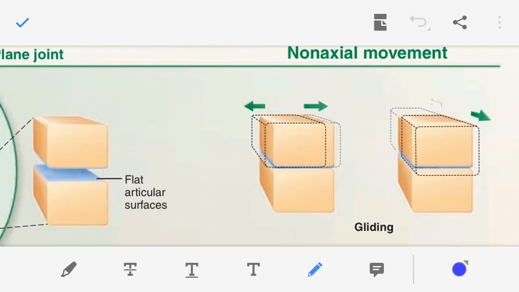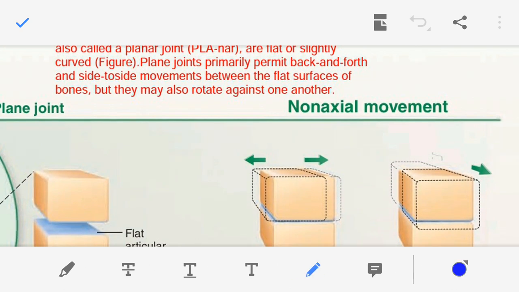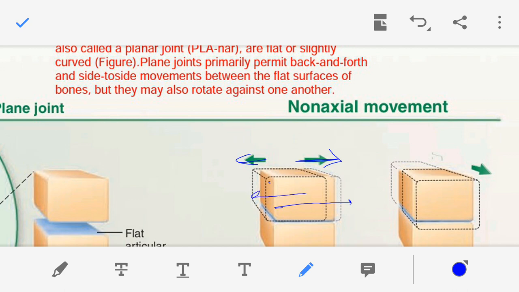So they can glide forward or backward, or side to side. This bone can glide this side or it can glide this side.